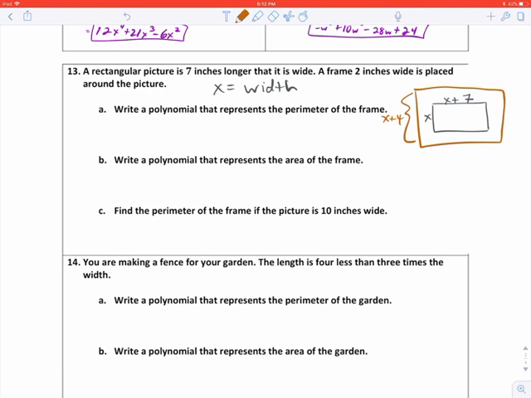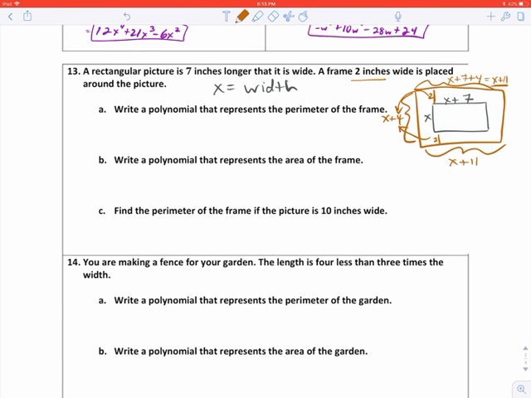Now recall that yes, the frame is only 2 inches wide, but it's 2 inches wide here and 2 inches wide there, so that's how I get the 4 combined together. Same with this x plus 7. This frame side will be x plus 7 plus 4, or x plus 11.